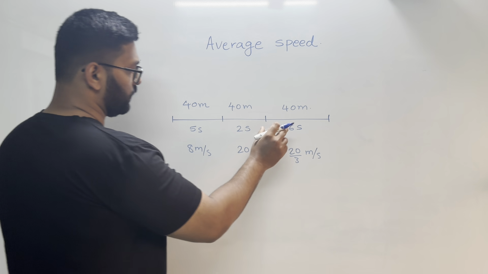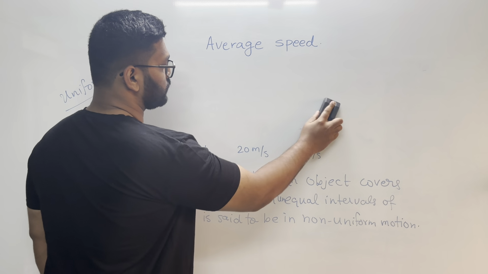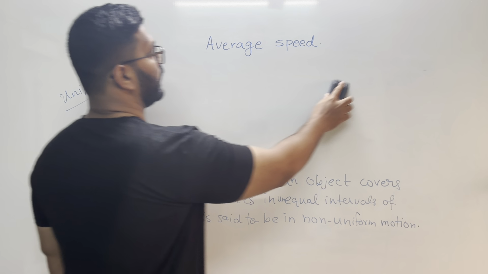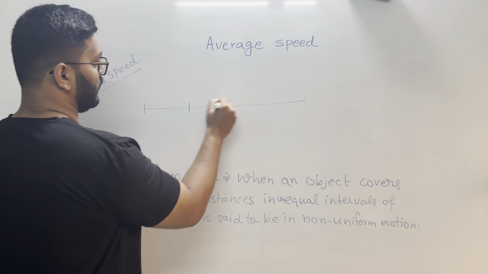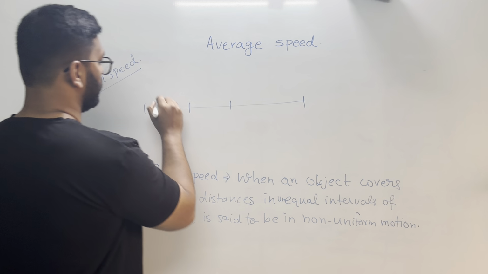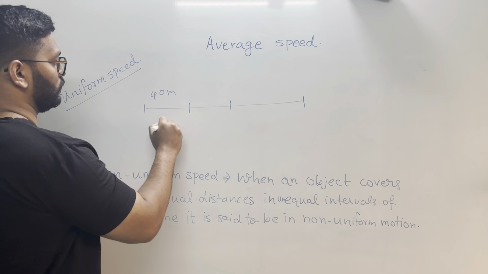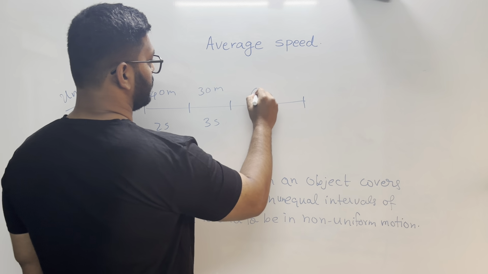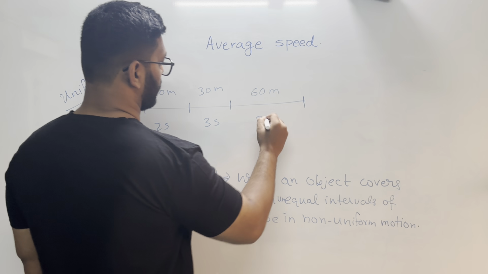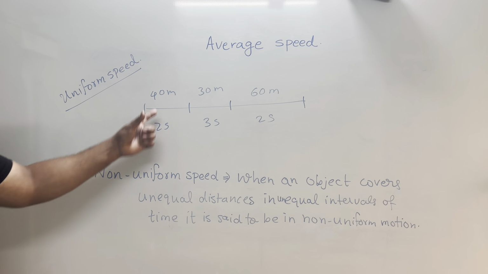This is the definition. Now look at this. The definition says: when an object covers unequal distances in unequal intervals of time. So I will give you a scenario according to this definition. Let's say this is a 40-meter distance, this is 2 seconds, this is a 30-meter distance, this is 3 seconds, and this 60-meter distance is covered in 6 seconds.